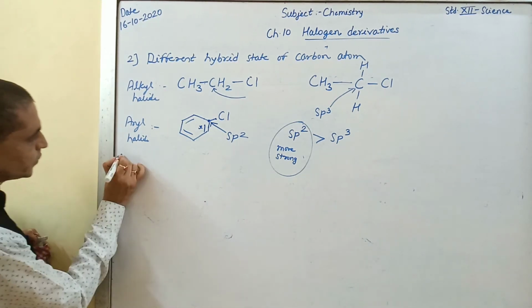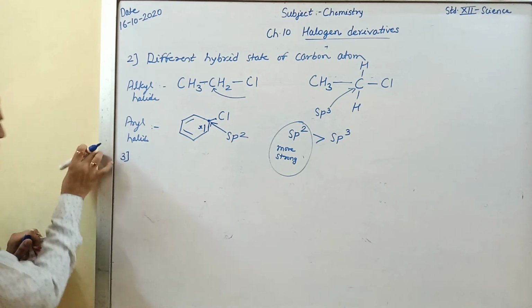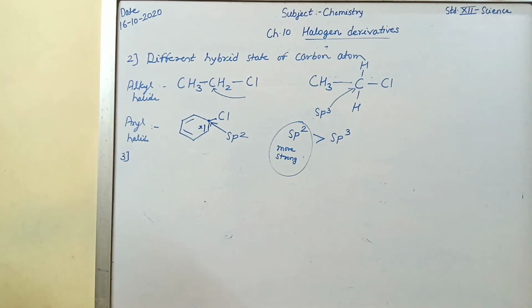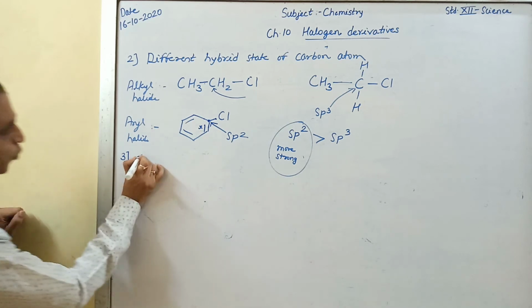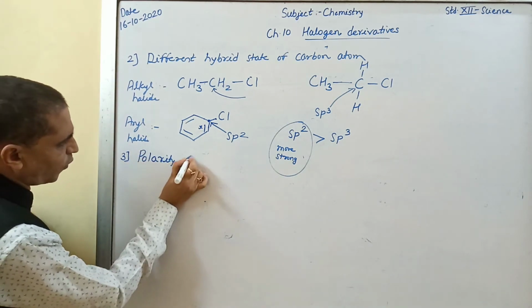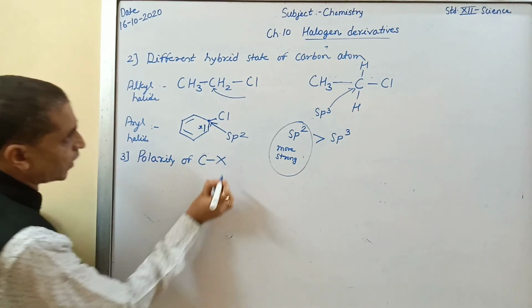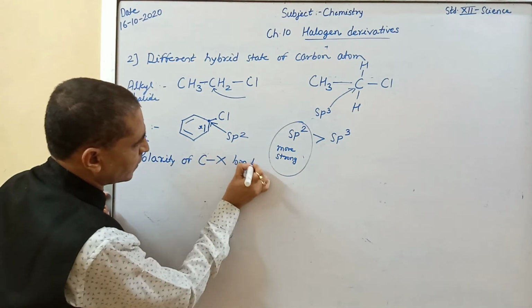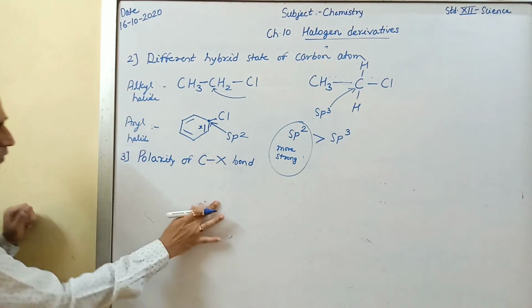Now see the third reason. That is what? Polarity of C-Cl bond. Polarity of the carbon halogen bond, or we can say C-Cl bond. Now what happens here?